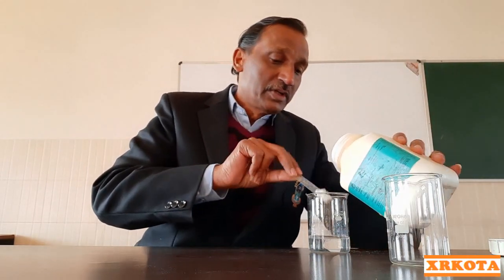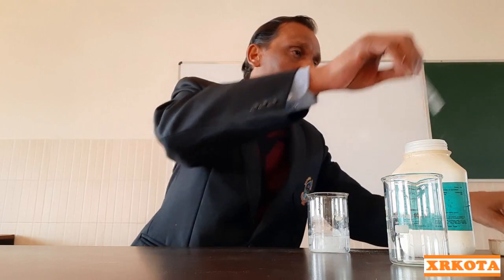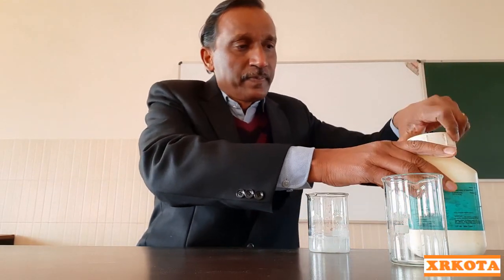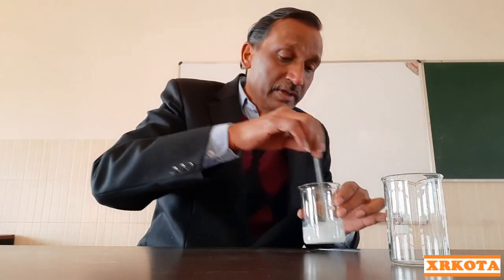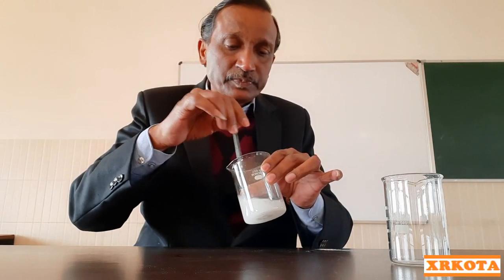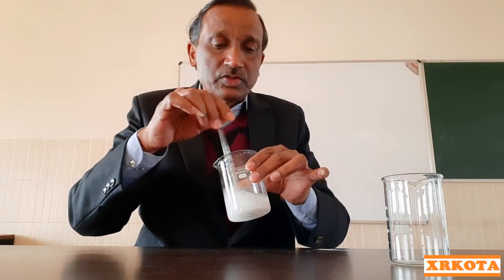To make the starch solution, we take a little bit of starch, add it to the water, and with the help of a glass rod we stir it. So our starch solution is ready.